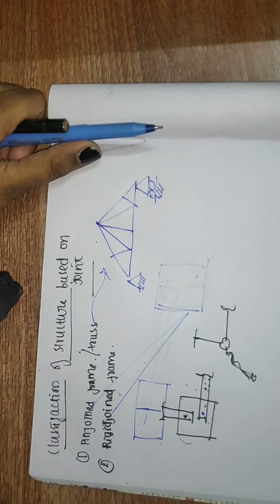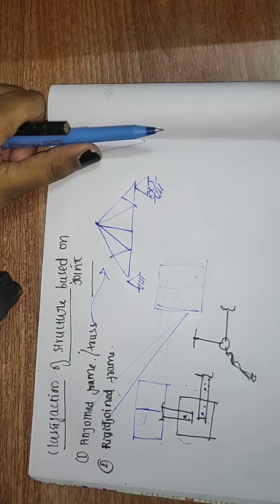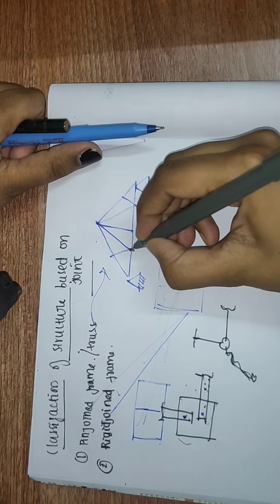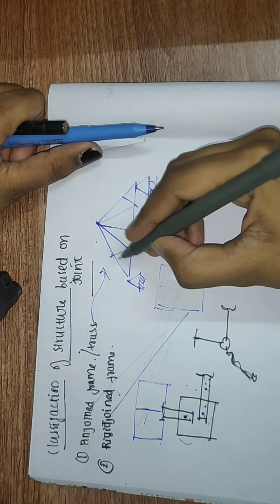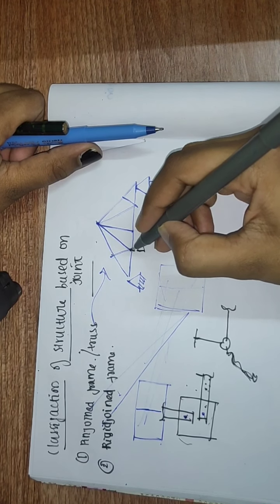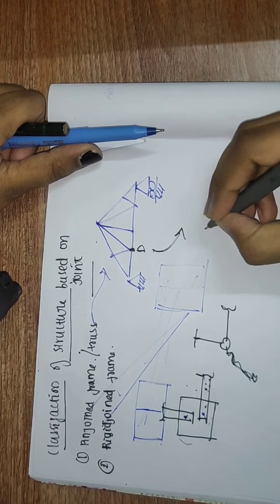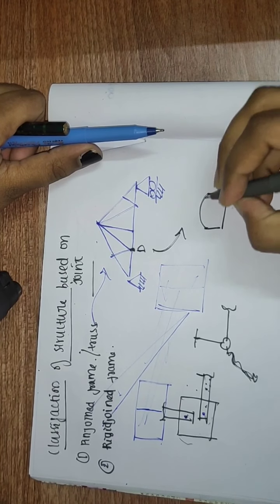Next example: consider this. Here at this point D, how many members are connecting? 1, 2, 3, 4 members are connecting with a single rivet or a single bolt.